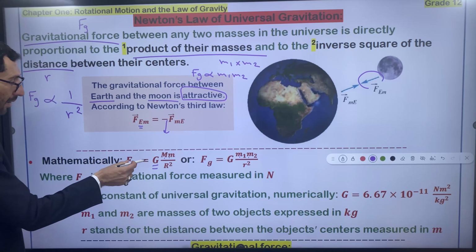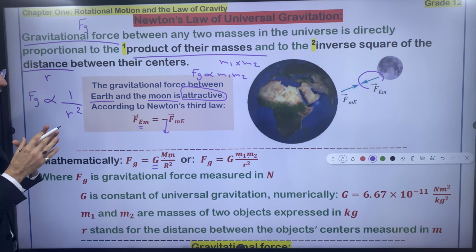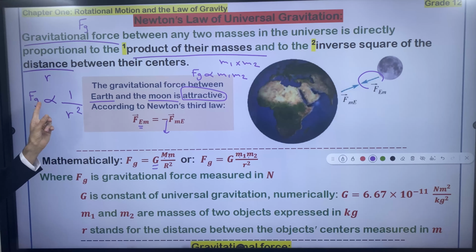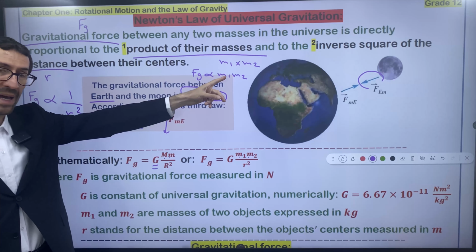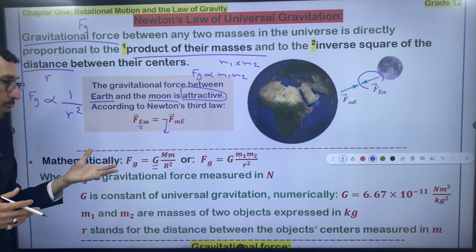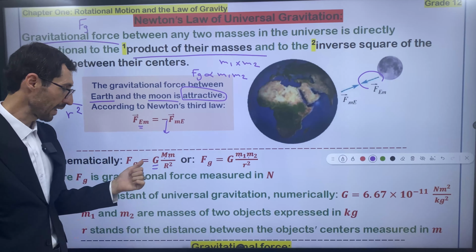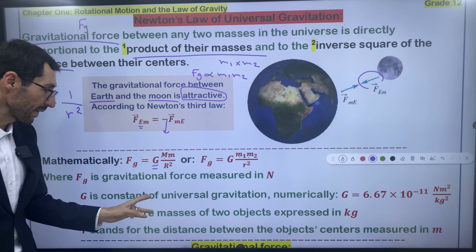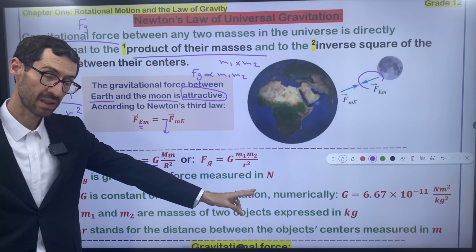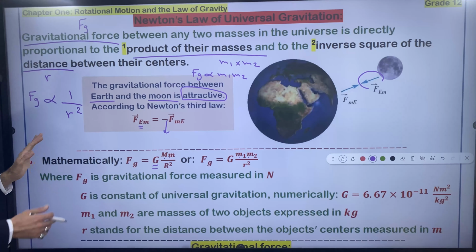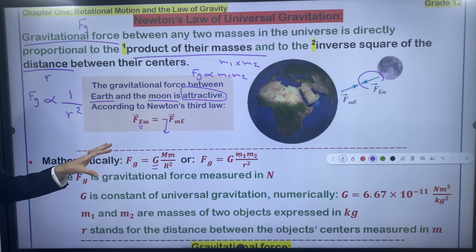Whenever you mix the relationship of mass and the relationship of distance together to find the rule, mathematically a constant appears. This constant is called the universal constant of gravitation, right? Let me explain these factors.